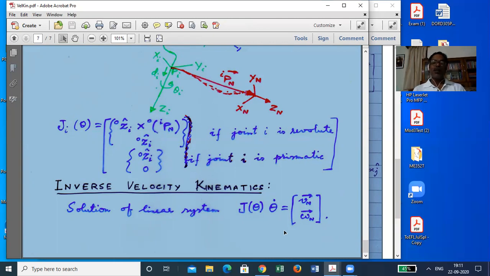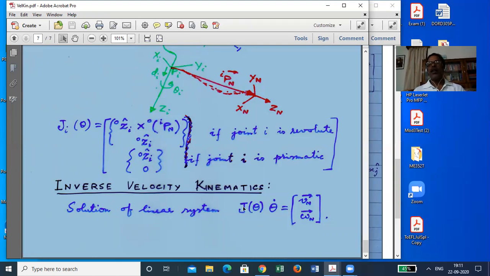Now, for control purposes, quite often you will be interested in prescribing the hand motion and asking for the joint motion that is required to be given at the joints. So for that you have to solve the inverse problem. That means with this right hand side given, you have to solve this linear system of equations.